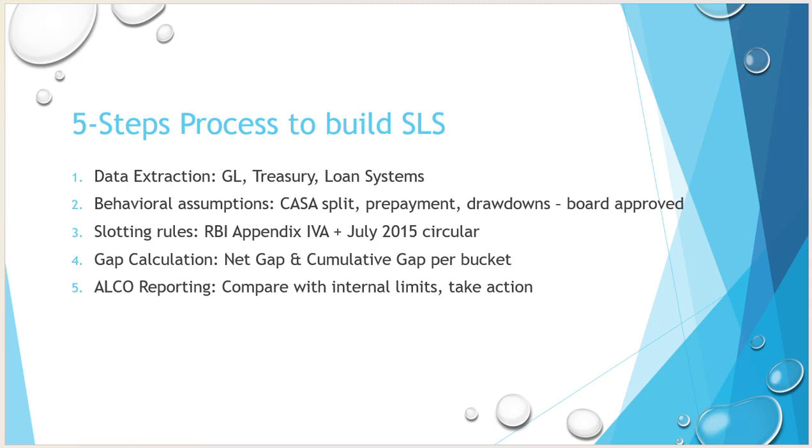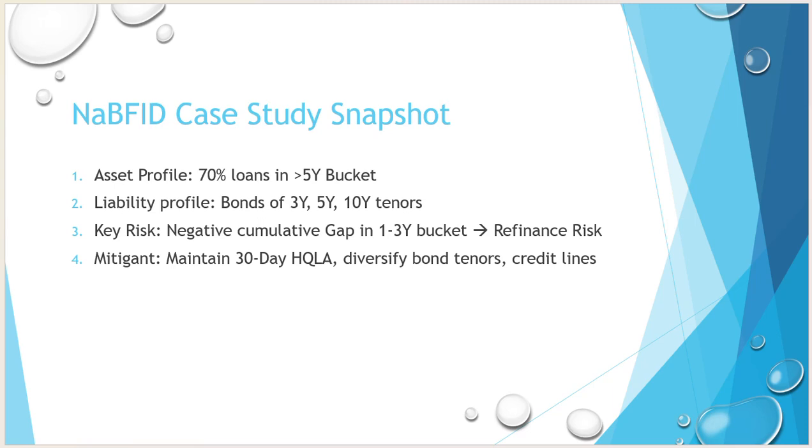So let's move on to the case study slide, guys. I always prefer case studies so you can understand very well. The asset profile: 70% of loans are in the greater than 5 years time bucket. Let's understand what the assets and liabilities are for the bank.